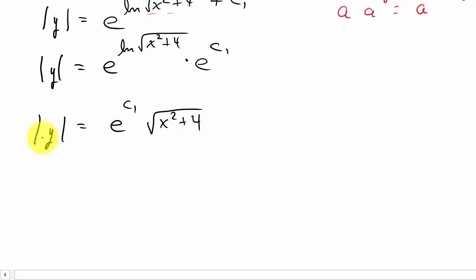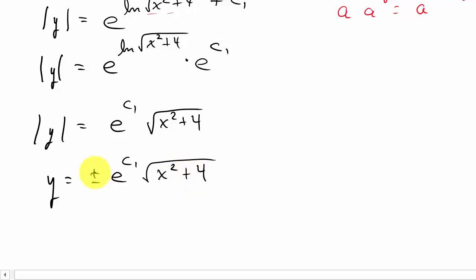Now we're solving for y. So I've got absolute value of y is equal to e to the c1 times square root of x squared plus 4. Remember, absolute value, this thing here can be positive or it could be negative. So y would be equal to plus or minus e to the c1 times the square root of x squared plus 4.